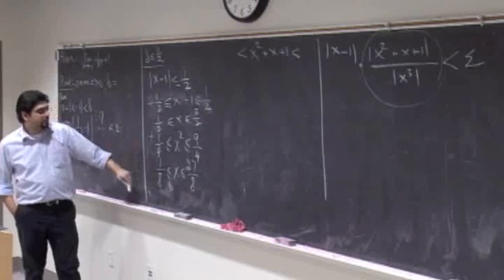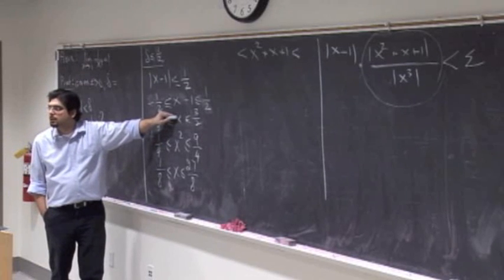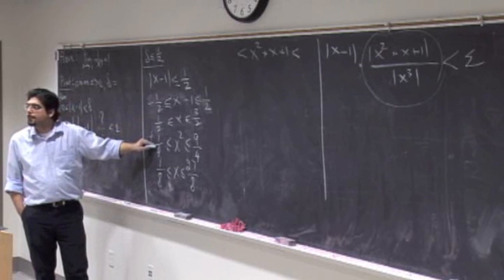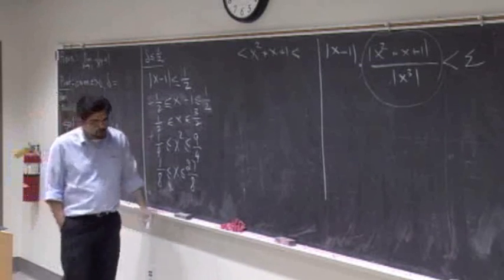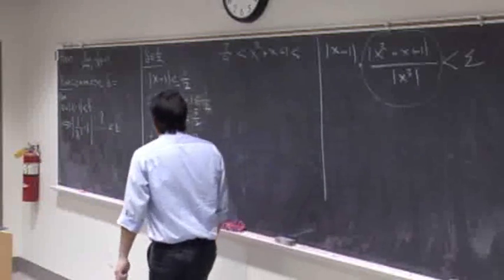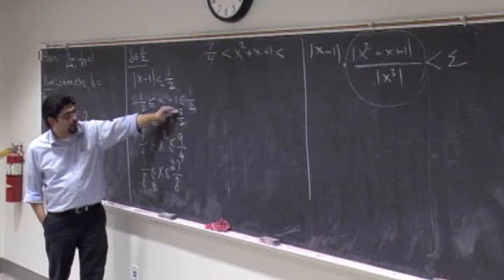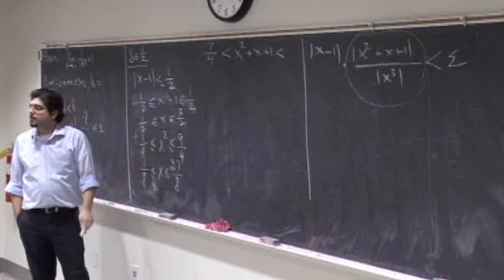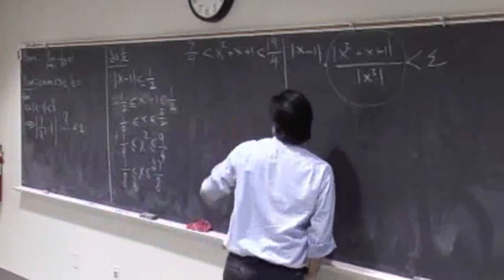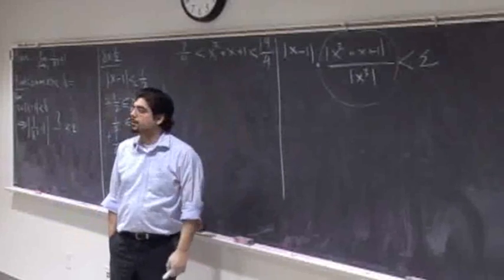Basically add these two, x squared plus x plus 1. 1/2 and 1/4 is 3/4 plus 1 is 7/4. And then this plus 1: this is 6/4 and 9/4 is 15/4 plus a 1 is 19/4. So the largest that numerator can be is 19/4.